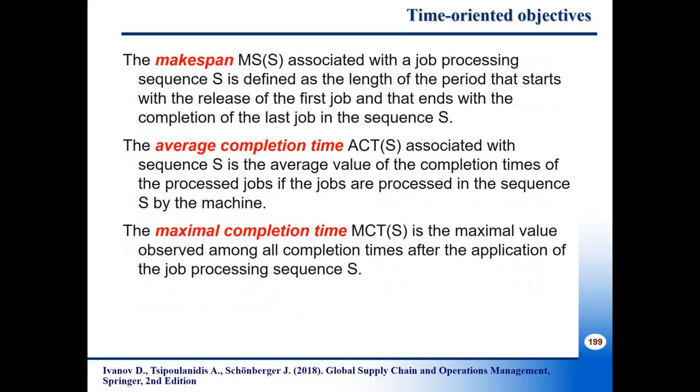First, the makespan or MS associated with the job processing sequence S is defined as the length of the period that starts with the release of the first job and that ends with the completion of the last job in the sequence S. Second, average completion time or ACT associated with sequence S is the average value of the completion times of the processed jobs if the jobs are processed in the sequence S by the machine.